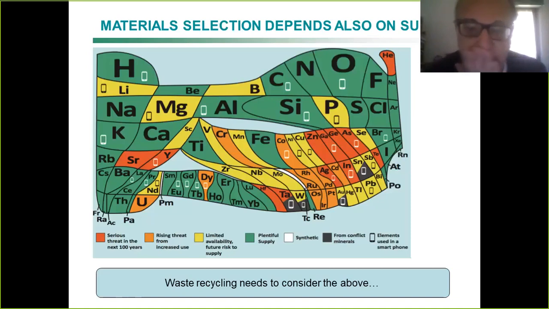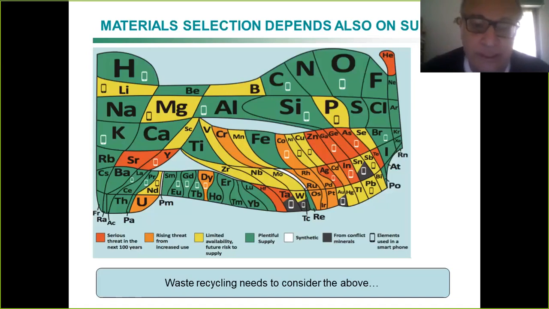This might change, and you have also these phone icons, these smartphone icons, which represent which materials are used in smartphones, because it's an iconic object in the last few years, and it's an object that requires a number of materials, and it's an object as well which is difficult to be recycled, because before recycling anything, this is general, you are supposed to separate the different materials, which might not be obvious in the case of smartphones, for example.